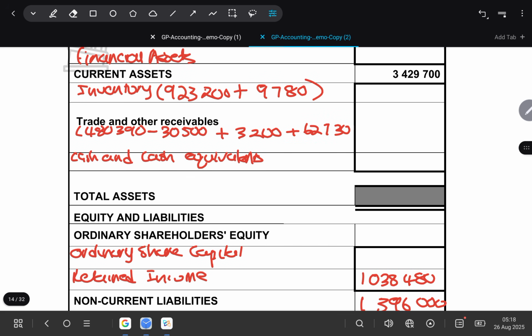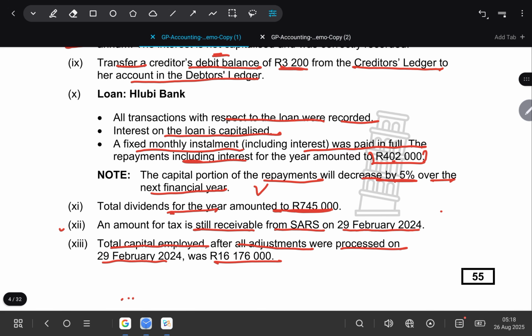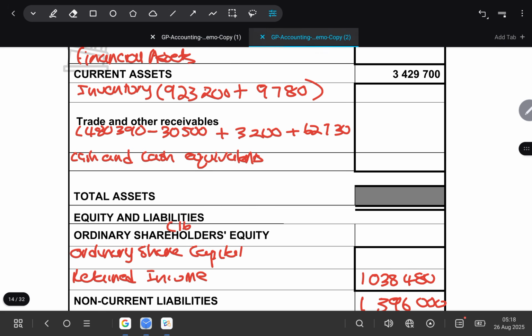So here they are telling us that total capital employed amounts to 16 million. So if you say 16,176,000, you minus 1,396,000 of the loan, it will tell you how much our shareholders' equity is.